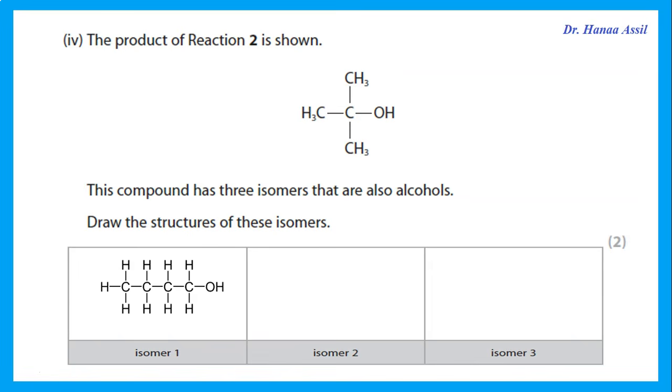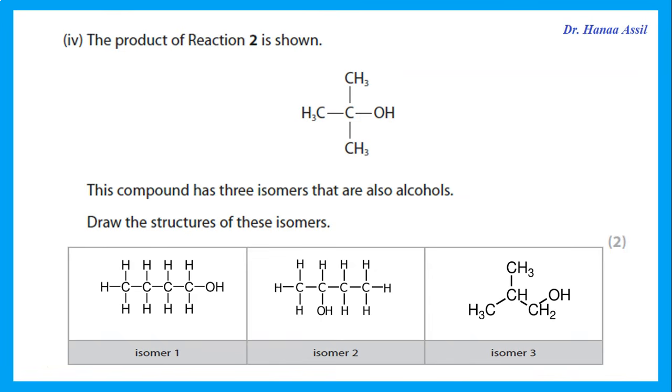One of them would have the OH on one end with all the 4 carbons in a straight chain. Another would have the OH in the middle somewhere, so that's the secondary alcohol. And the third will be when I have a branching, so that I have the chain containing 3 carbons and a methyl group as a branch. So that would be a different isomer.